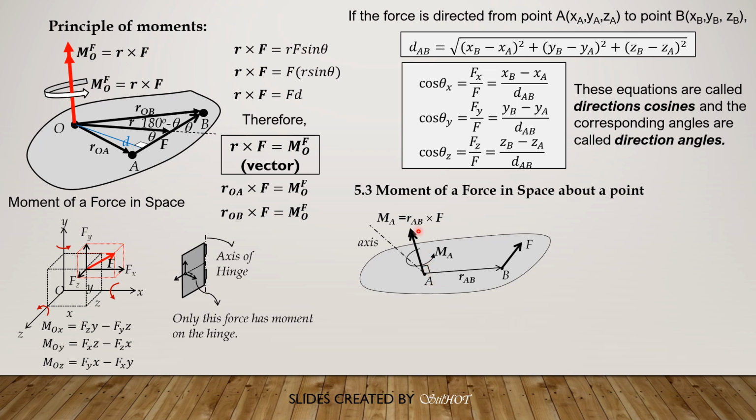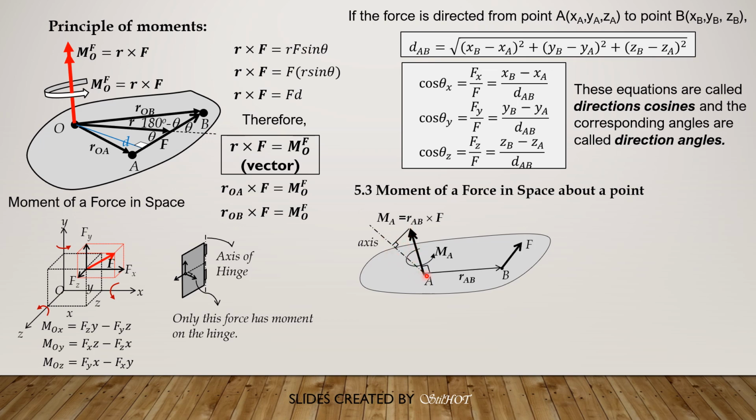Then, having found this vector, and if we express the axis as a unit vector of the axis, then we can compute the component of MA, or the moment of the force about A, along this, or we can project MA along the axis.